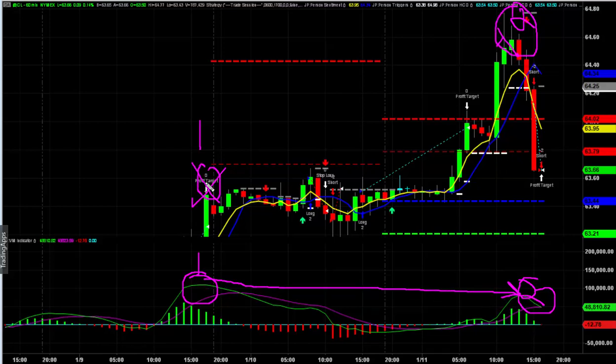That's what I'm referencing. For those that maybe have not heard the term divergence, it's just a price to indicator comparison. If price makes a higher high and a corresponding indicator makes a lower high, it's what we consider bearish divergence.